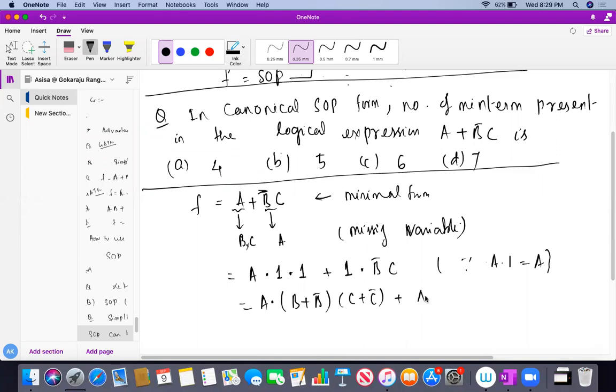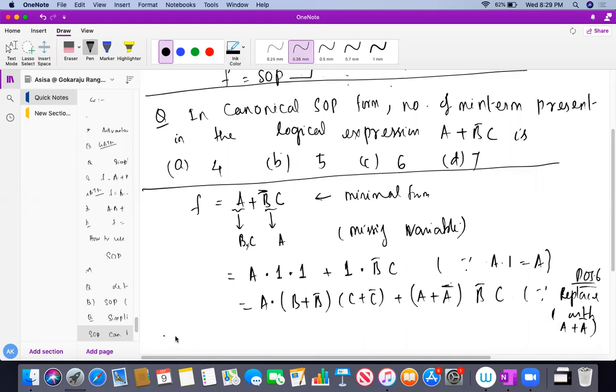And here A or A bar, B bar C. So here I have just replaced 1 with the A or A bar form. Step 3: replace 1 with A or A bar form, which is postulate number 6, existence of complement.